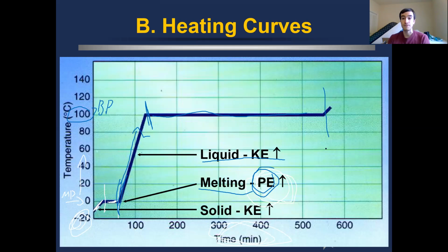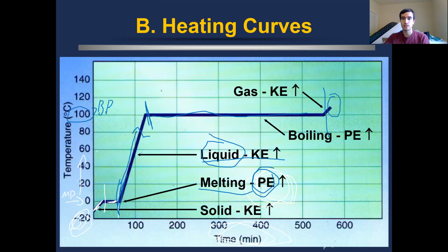It's called vaporization, or you can just call it boiling too. So as we're boiling, we're going from a liquid over here to a gas over here. So this is gas over here.